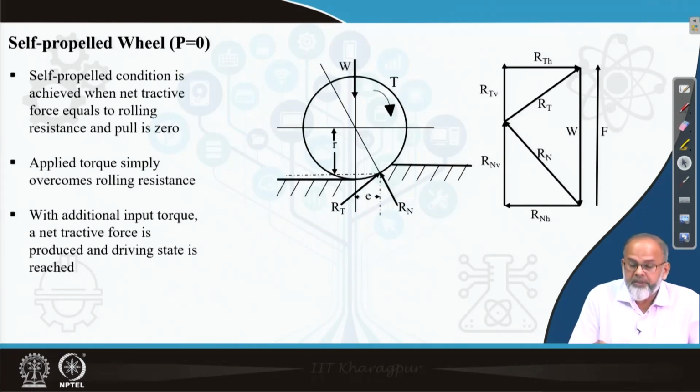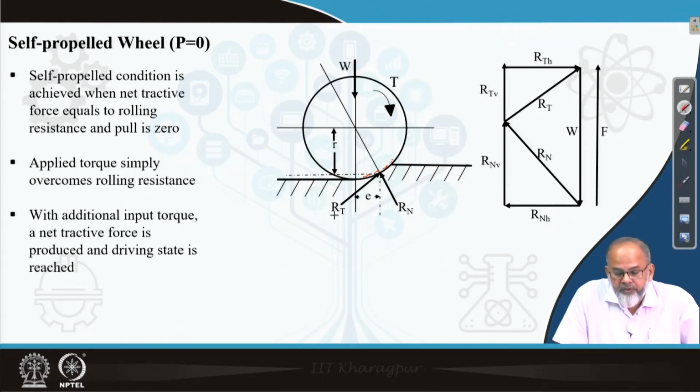Now if you look at this figure, you can see there is a torque acting, weight acting on the wheel, and because of the torque there will be shearing action, so a tangential force will be developed at the interface, and the resultant of the tangential force is denoted as RT. So at the interface there will be two kinds of forces acting, one is RT, the other one is RN.